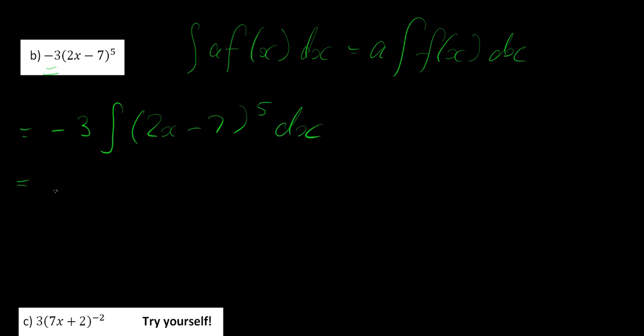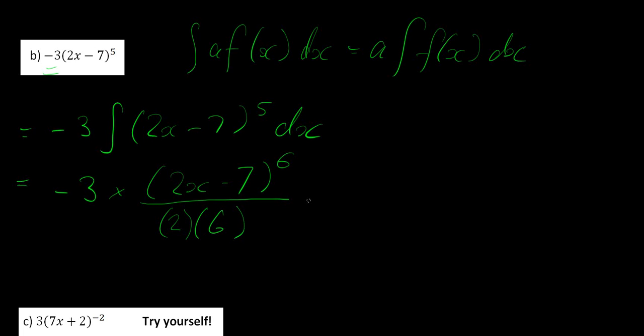So we have negative 3 multiplied by 2x minus 7 to the power of 6, and at the bottom we need a down here, which is 2. That's just the coefficient of x, and it's multiplied by n plus 1. We know n plus 1 is 6, plus c.